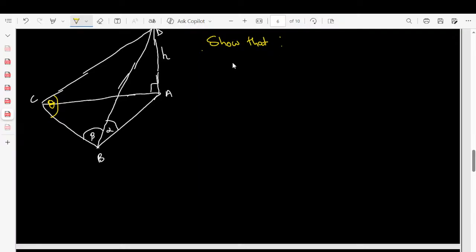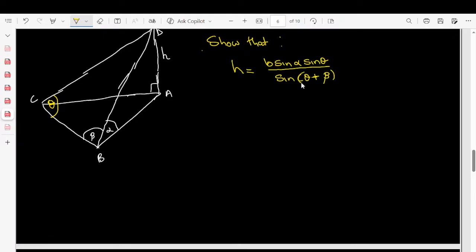h equals the sine of alpha, the sine of theta, and everything is divided by the sine of theta plus alpha, or plus beta.